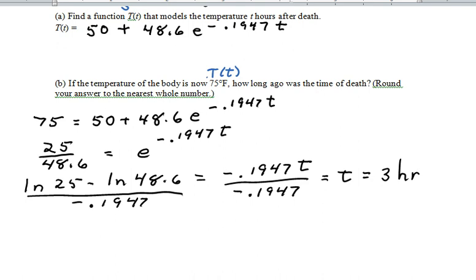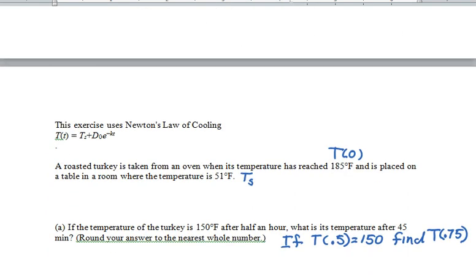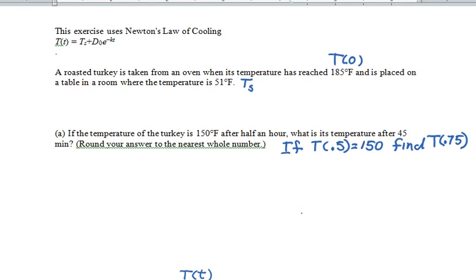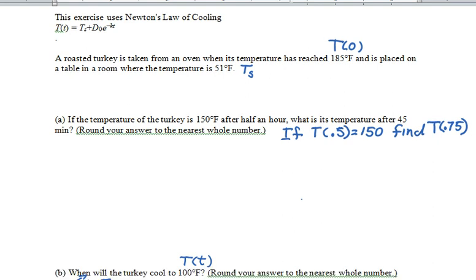In our next example, we're dealing with a turkey that is being taken out of the oven. And the turkey, when it is done and taken out of the oven, has a temperature of 185 degrees Fahrenheit, and it's being put into a room at 51 degrees Fahrenheit.